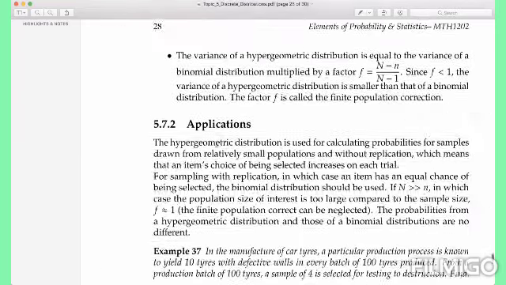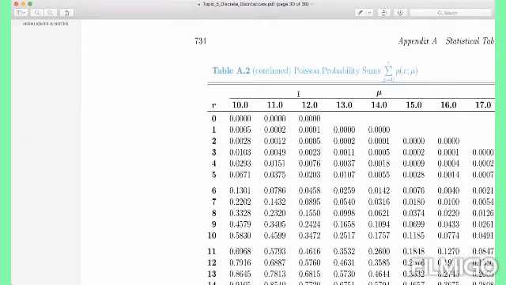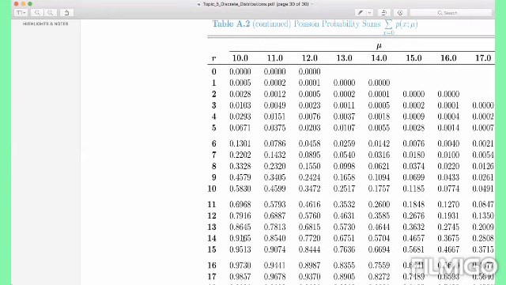So if you look at this table for the Poisson, it is cumulative from x equals 0 up to r, and this time they specify the mean as mu, which is our lambda, our mean as 10. So this is what we are looking at, and we will say that x less than or equal to 15. This is the value.